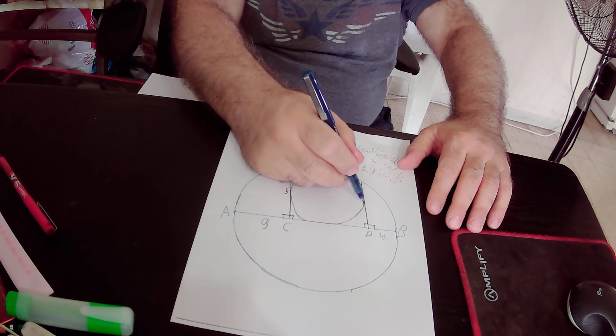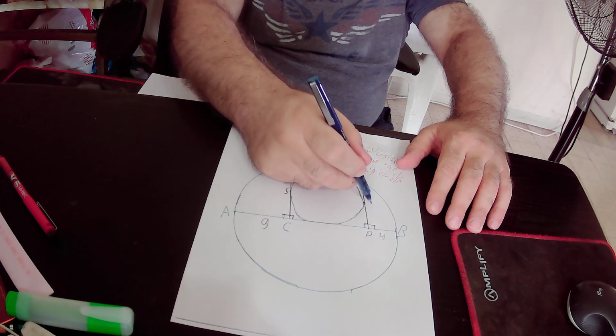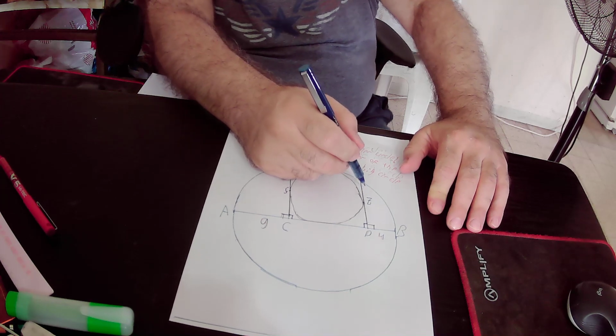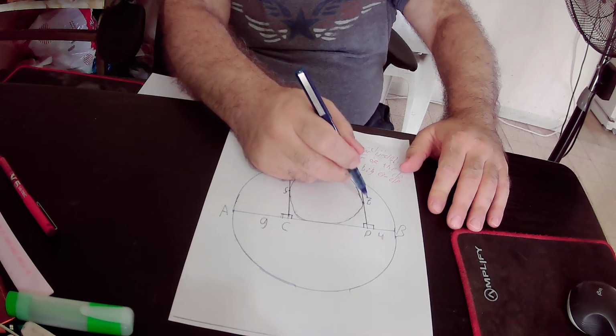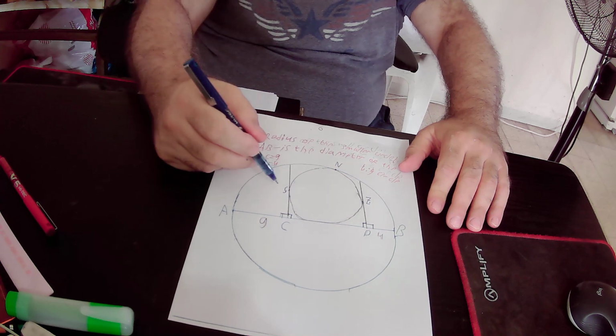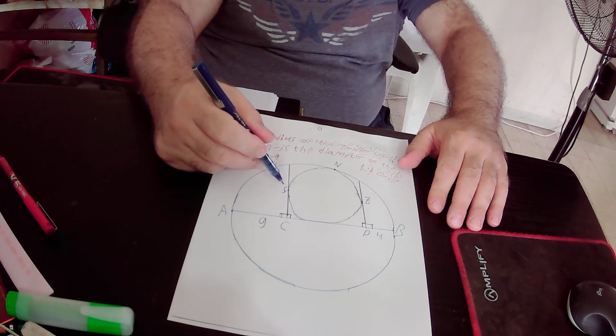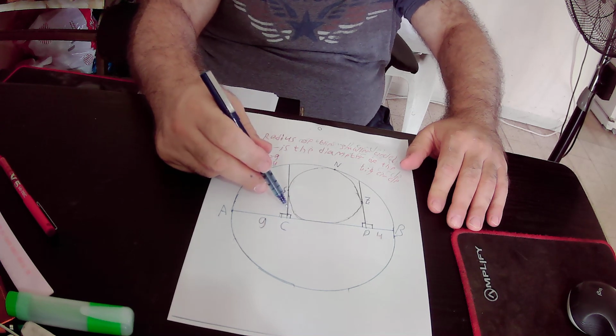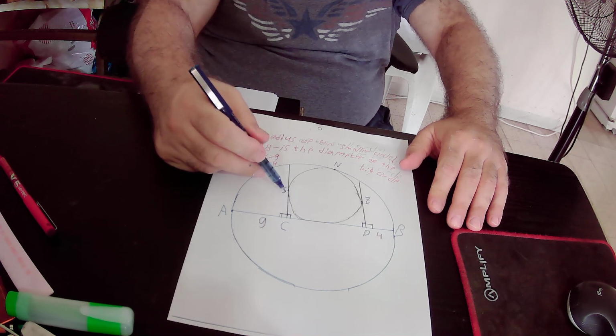Let's call this point point Z. Actually, point Z is the tangent point between the tangent to the circle and the circle itself, and also here point S is the tangent point between the circle and this tangent.